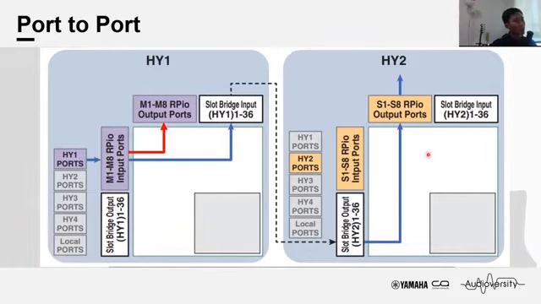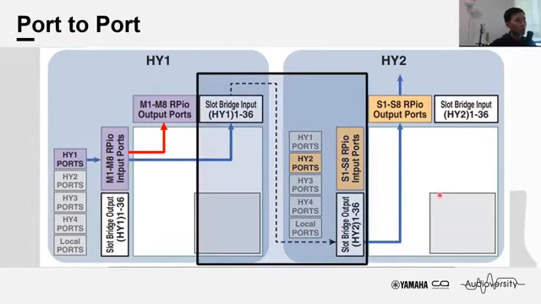But if I'm patching out to another card, either my sub network, S1 to S8, it can be a Dante card also, because we have Dante HY cards, we have to use our slot bridge. So we patch our input ports to the slot bridge inputs, and then it goes to the HY2 slot bridge outputs, which you can then patch to any existing output ports you have in your sub network, or any card for that matter.